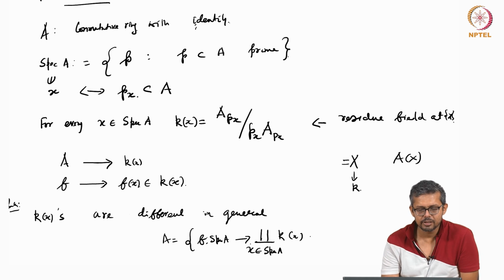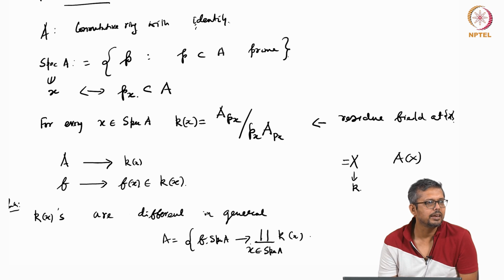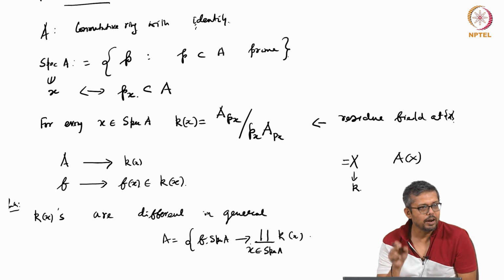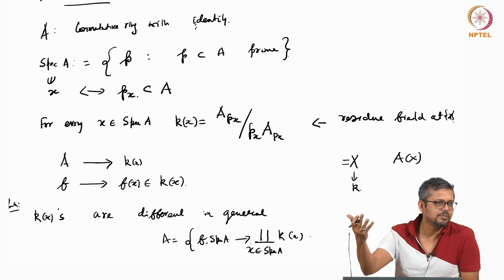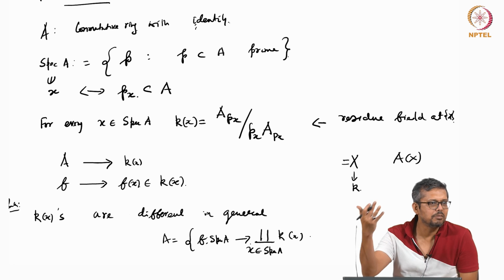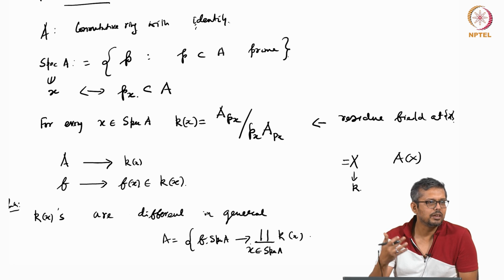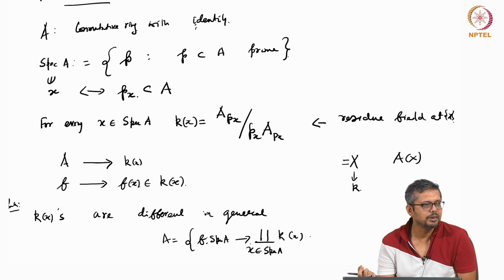For every x, it takes values in k(x). Where it takes values depends on the point. In the case of variety, it was fixed, taking value in a fixed field. But now the functions are not in a fixed field. It depends on the point.